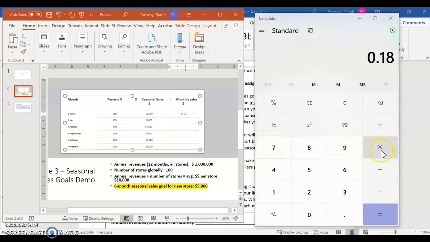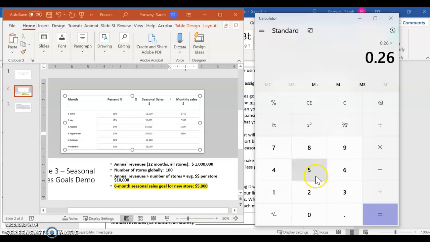Now, 0.18 times 5,000, whoop, one too many zeros. Here we go. So we need to sell $900 in July. 0.14 times 5,000, we got $700 we need to do in August. $850.